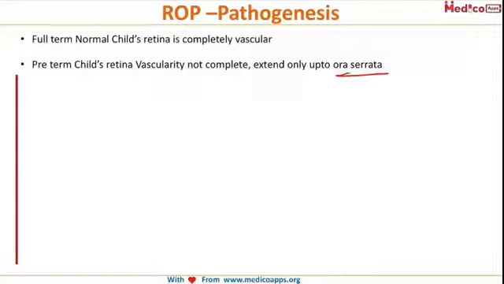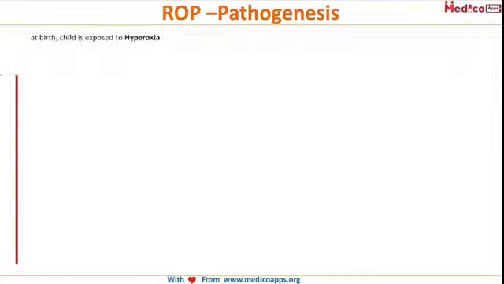Now this baby is born, and as soon as this baby is born, he is exposed to increased levels of oxygen in the NICU. That is, the baby is in a relative state of hyperoxia. Please remember that hyperoxia always results in a certain amount of vasoconstriction.